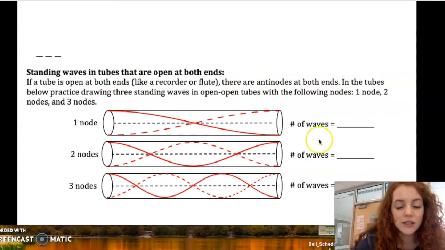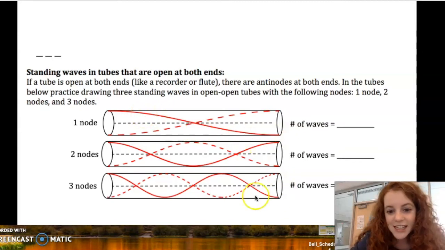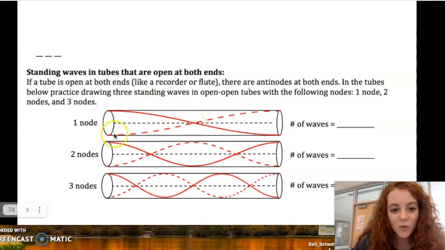All right, now let's do this one. This one can be kind of tricky, but I think you can get it. Think about what this looks like. Is that 1 wave bubble? Is it a half wave bubble? What about this side? So write down your guess here.